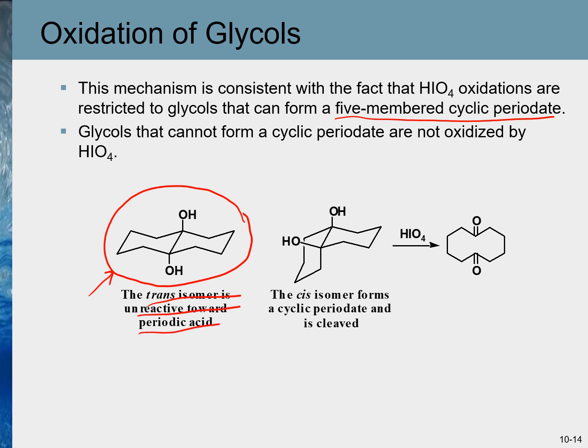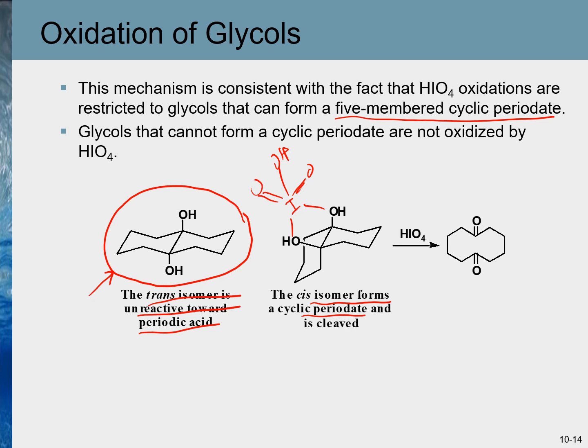However, the cis isomer of the same compound is able to form the 5-membered cyclic intermediate such as shown here. So it should be able to form this intermediate with the periodic acid.